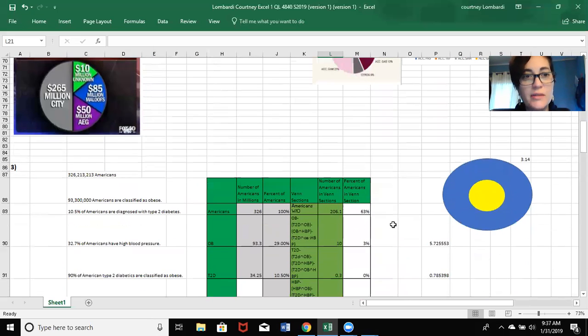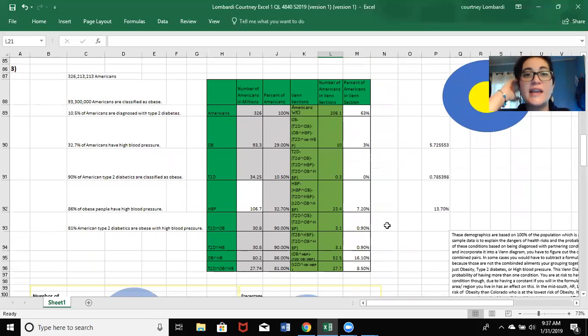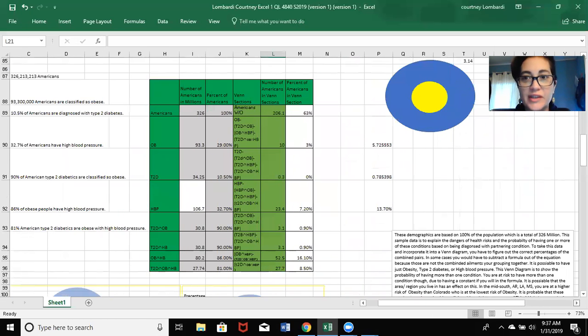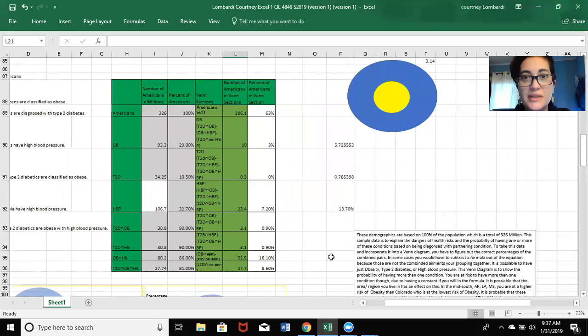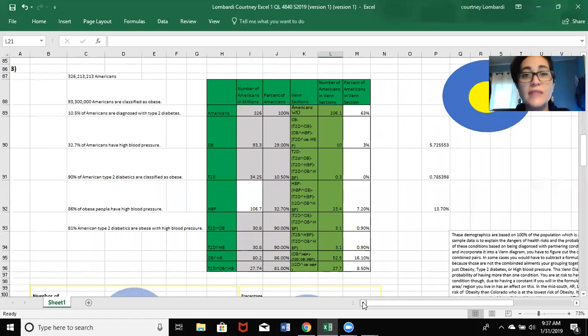Down here on number 3, we talked about Americans and their health issues, and they have really gotten high over the years. Our obesity, our type 2 diabetes, our high blood pressure are really important factors in the health world, because they can be maintained. That is something that you can work on.